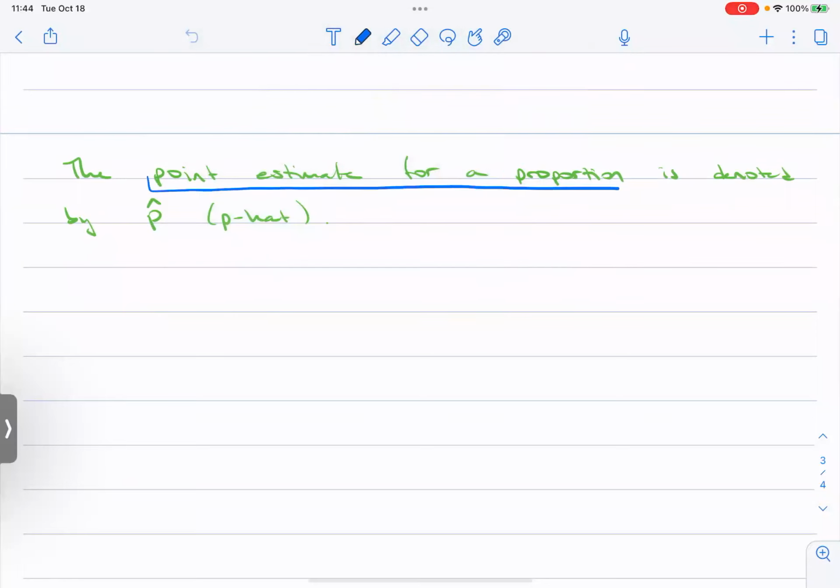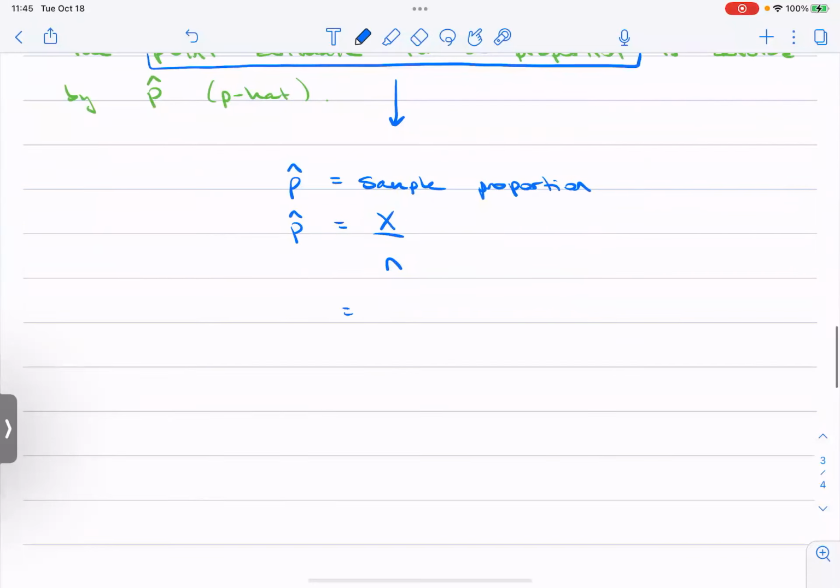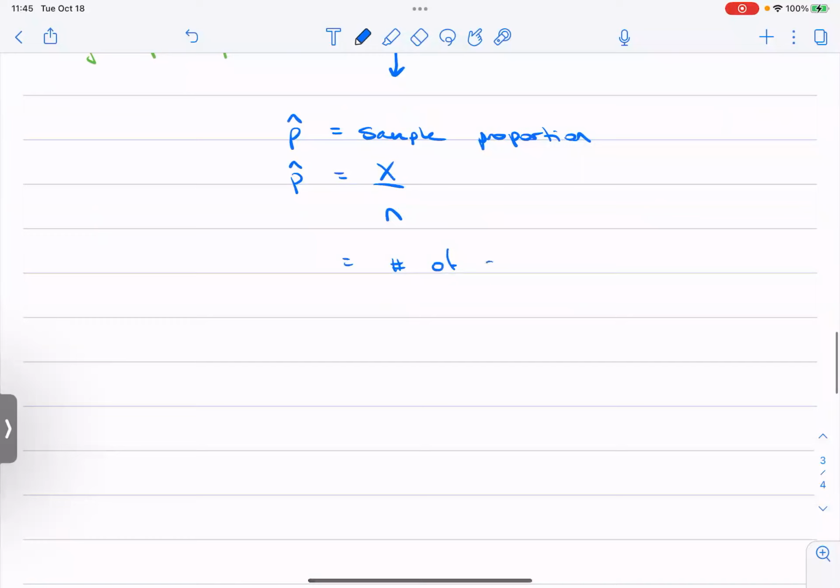The point estimate for a proportion, which is really saying that p-hat is the sample proportion, which means that p-hat is going to be x over n, the number of successes over the sample size.